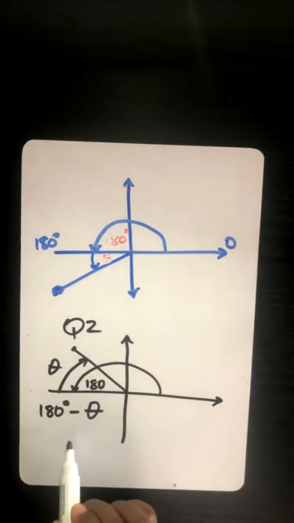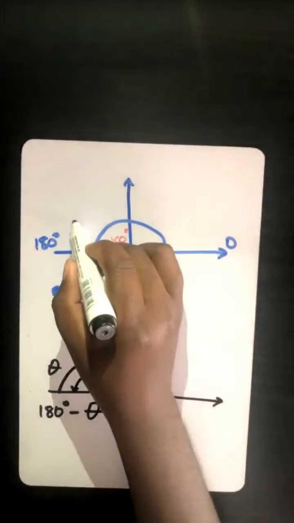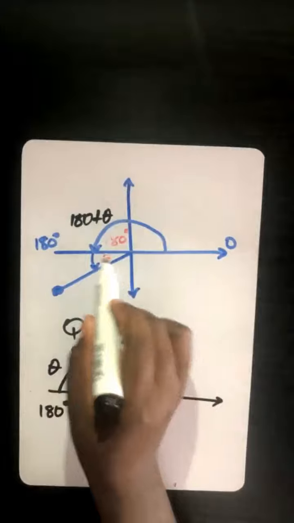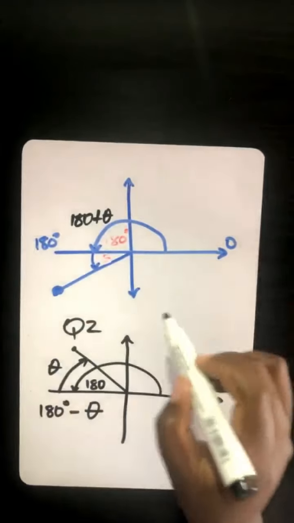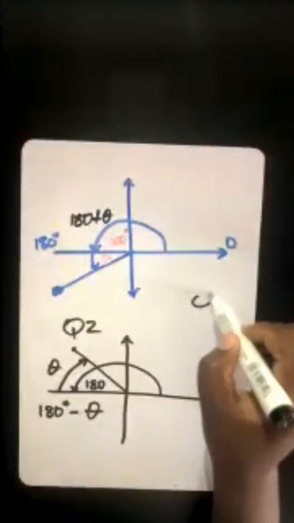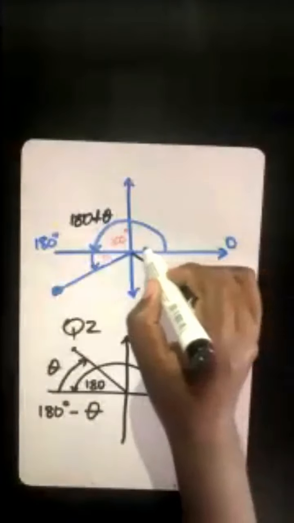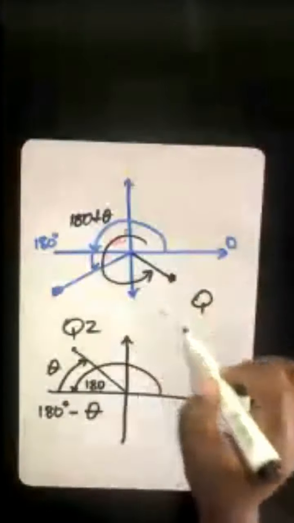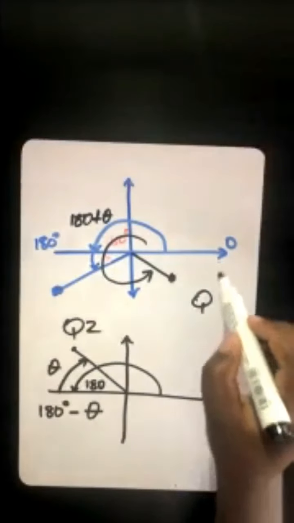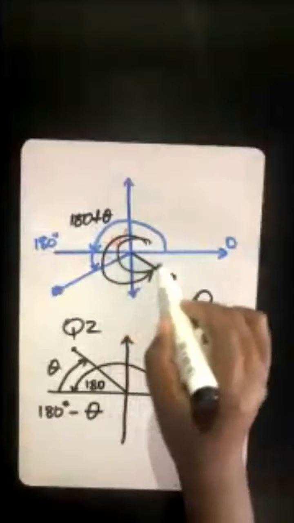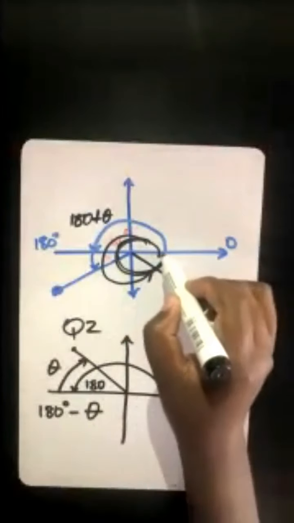If it falls in quadrant number 3, it has to be 180 plus a certain angle that takes you into this quadrant. So in Q3, you're going to have something similar to that, and this is the angle. In this case, you're going to say 360, remember a circle is 360 degrees.